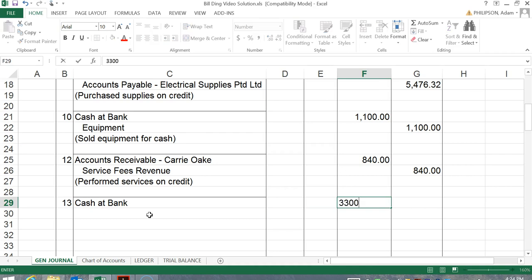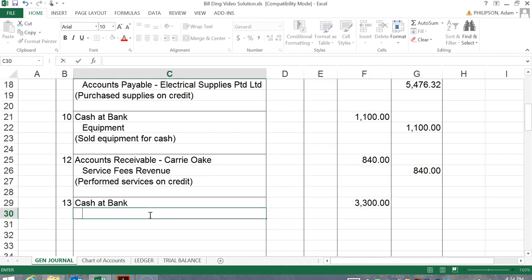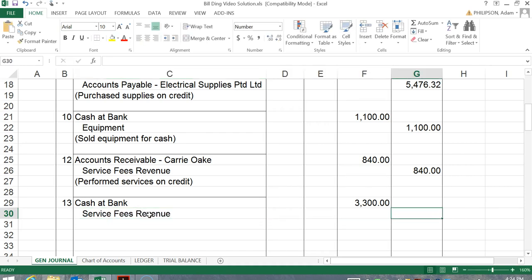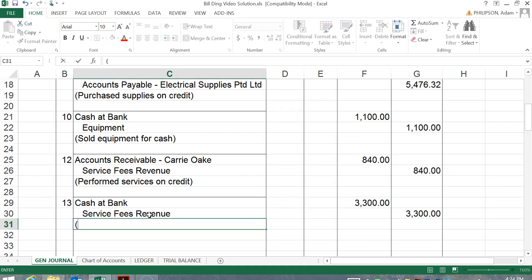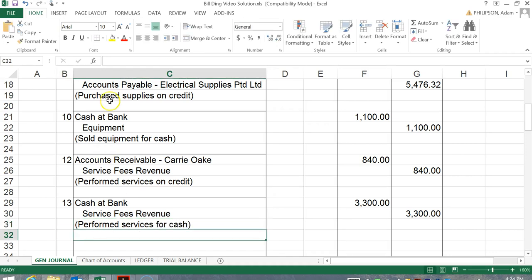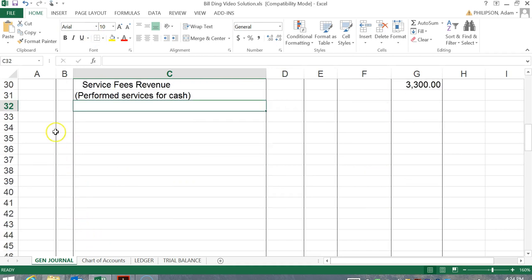And 3,300. Perform services for cash. Alright, 13th, now 15th.